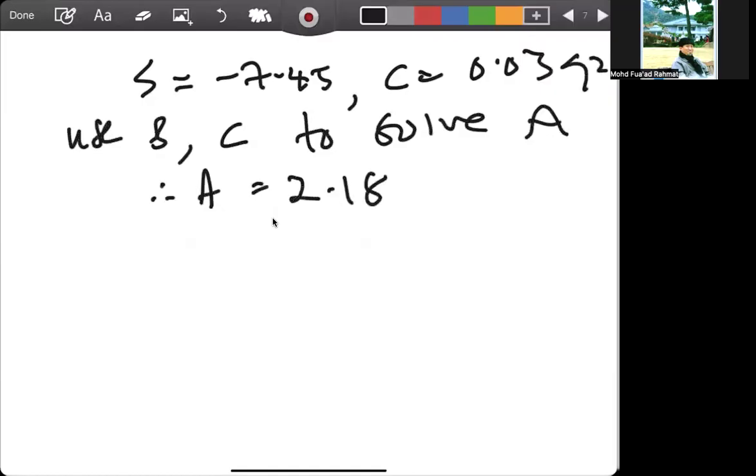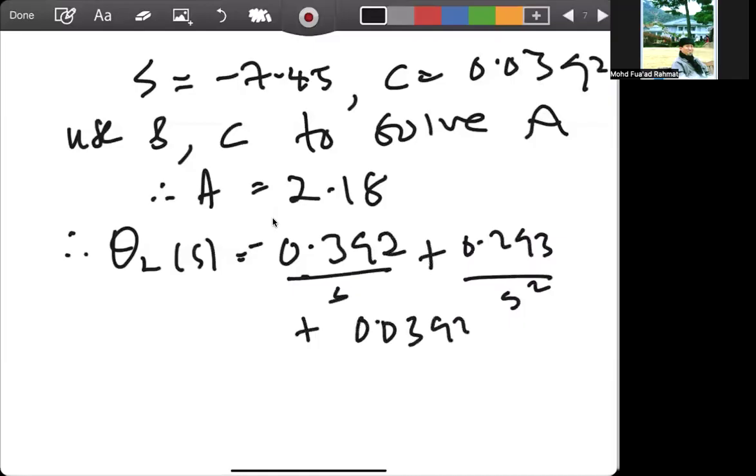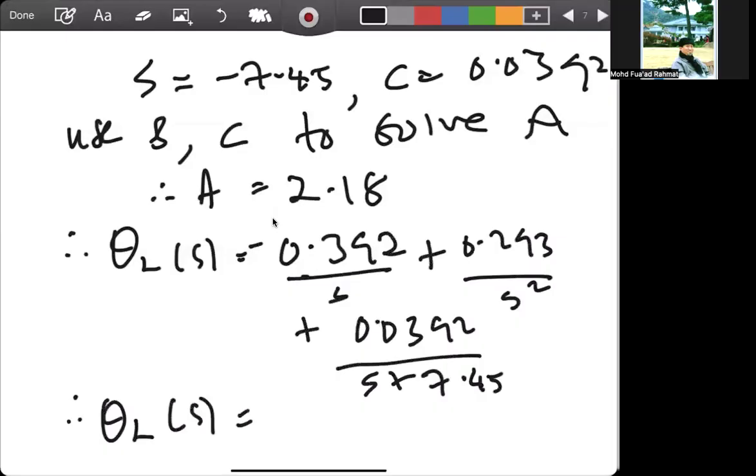Okay, so therefore theta L is equal to 0.392 plus the square terms. Theta L t is the inverse Laplace.